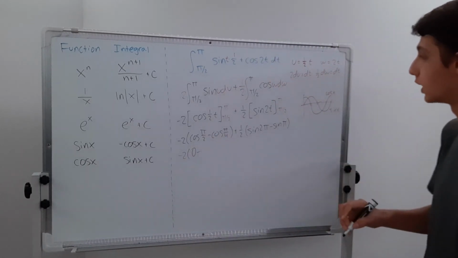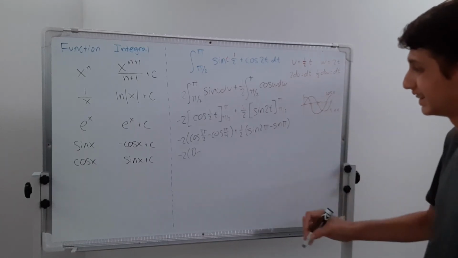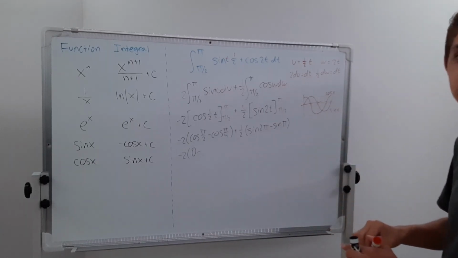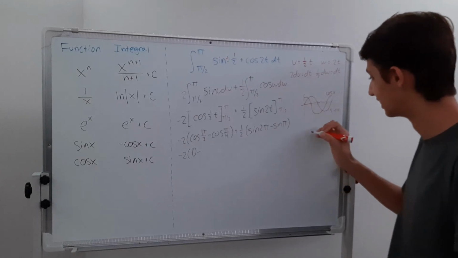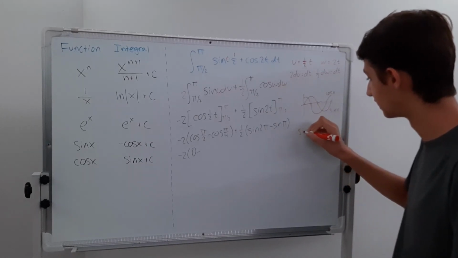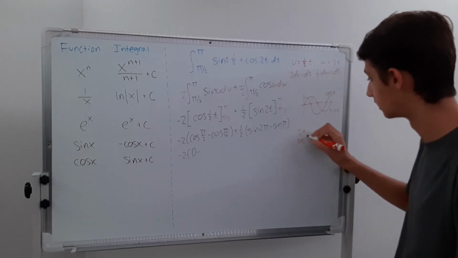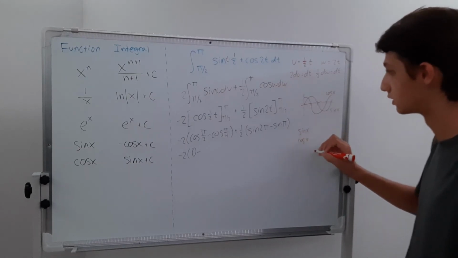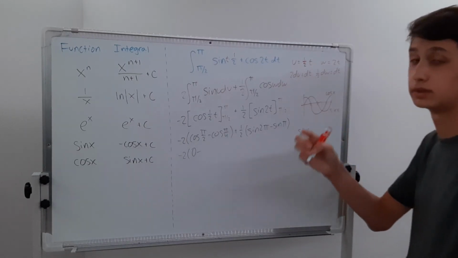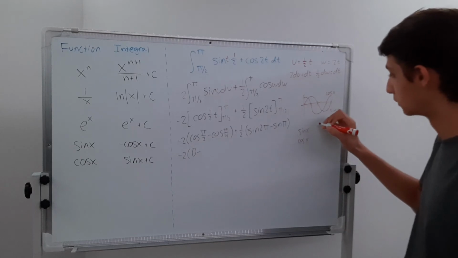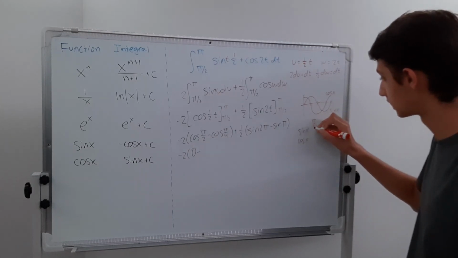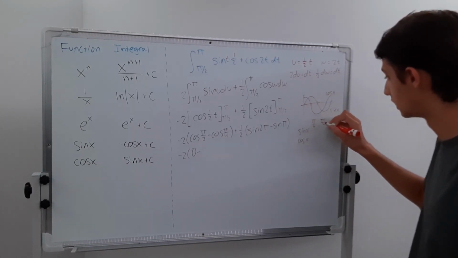And then cosine of pi over 4, which we need to figure out, we can actually use a sine and cosine chart. So sine and cos, and I'll just put the x there. So 30 degrees, we need 30, 45, and 60, which is just pi over 6, pi over 4, and pi over 3.